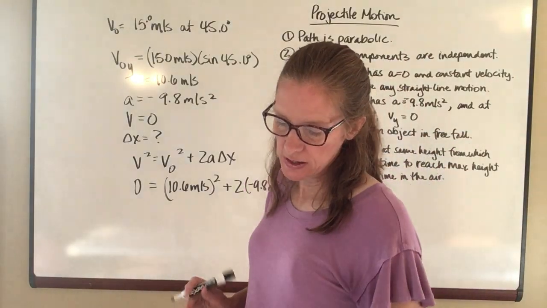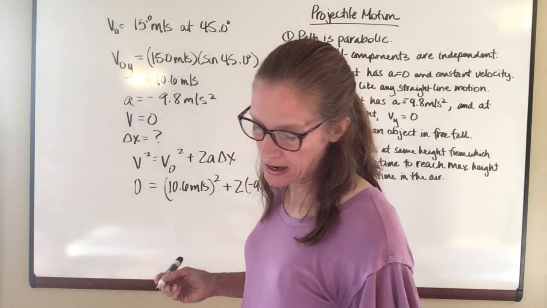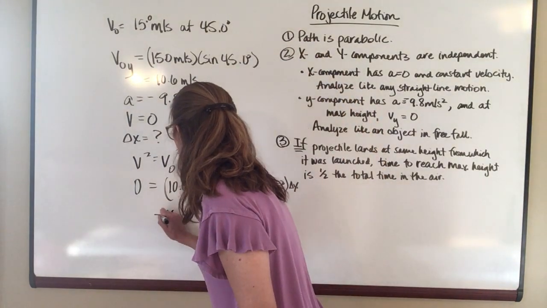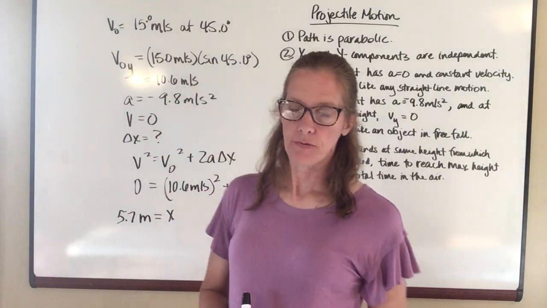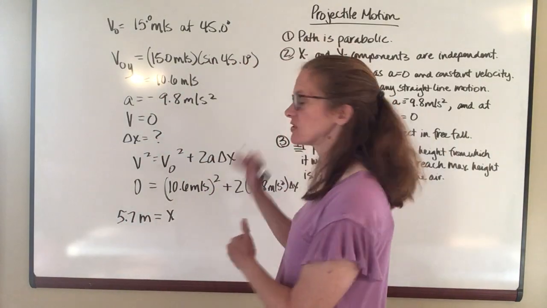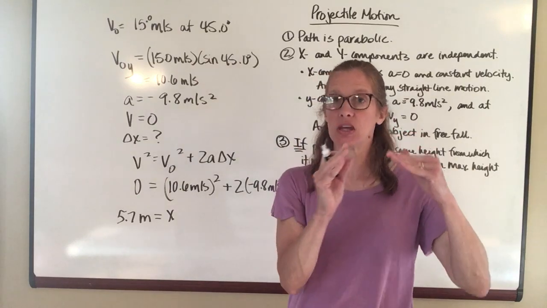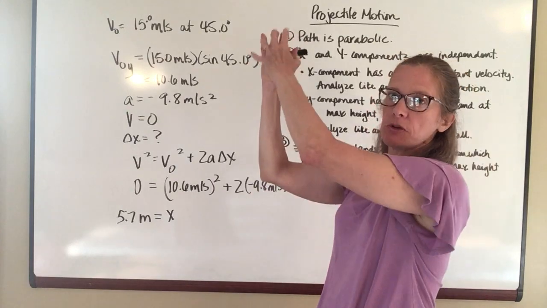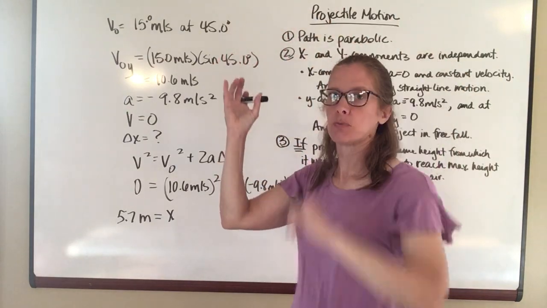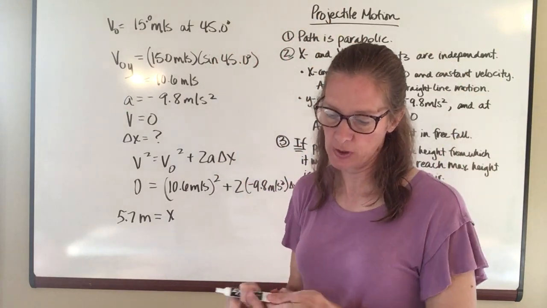Okay, so when you crunch all this math, you should end up with an answer of 5.7 meters for the maximum height that it goes, and that's the height from which he threw it. So if he lets go of it from here, it's going to be 5.7 meters higher from the spot from which he threw it.